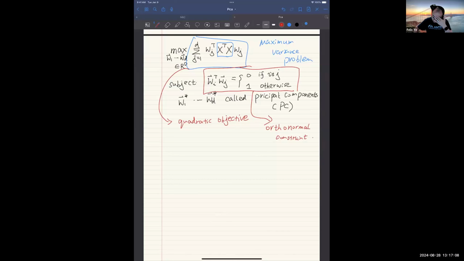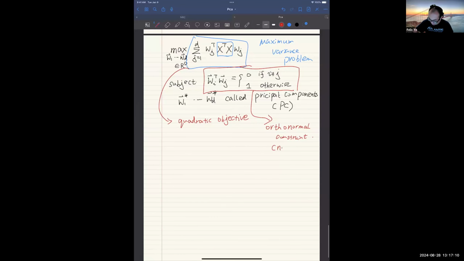In particular, the orthonormal constraint is non-convex, so as a result, this whole problem is a non-convex optimization problem. So this whole thing is very difficult.